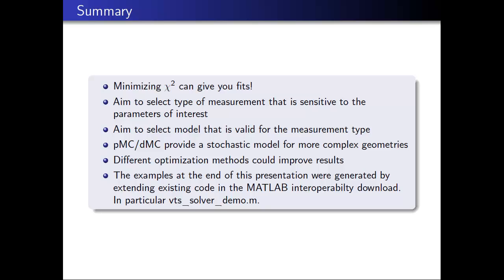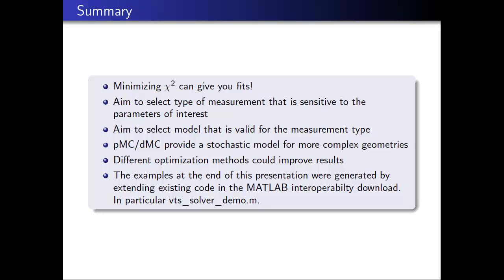That concludes my talk. I just wanted to summarize by saying that minimization of this chi-squared is key to finding solutions to your inverse problem. It can give you fits in more ways than one. It'll fit your measured data, but it'll pull your hair out sometimes too. Your aim is to pick a type of measurement that is sensitive to the parameters you're seeking, and pick a model that is appropriate for the measurement type.